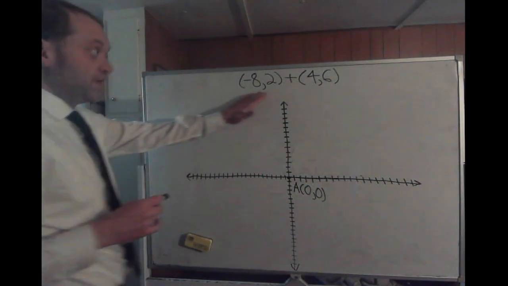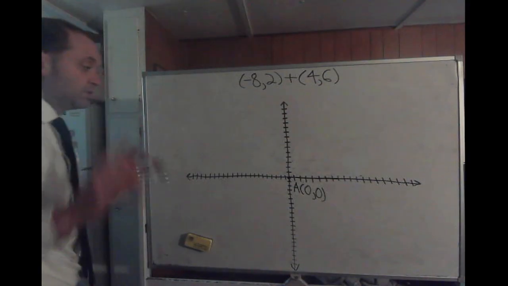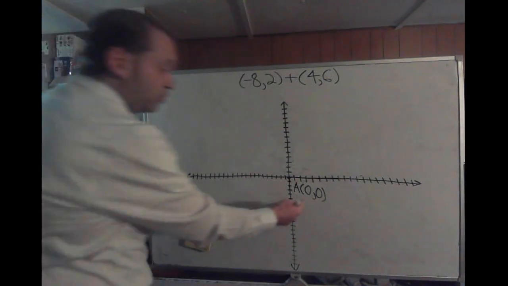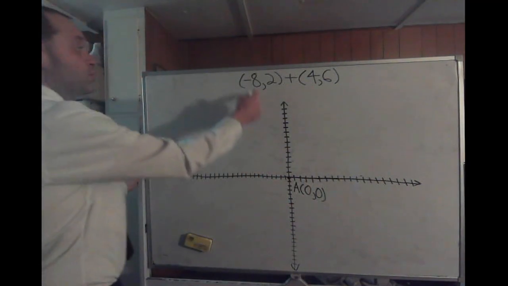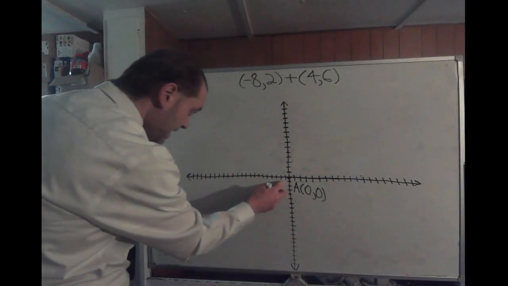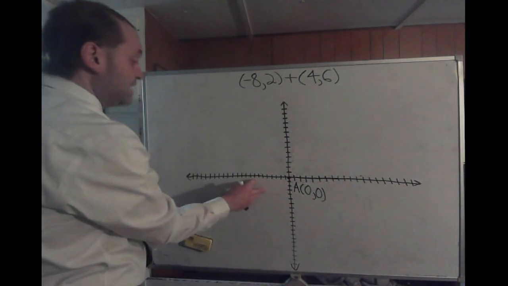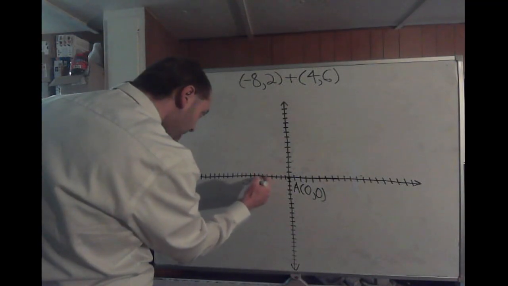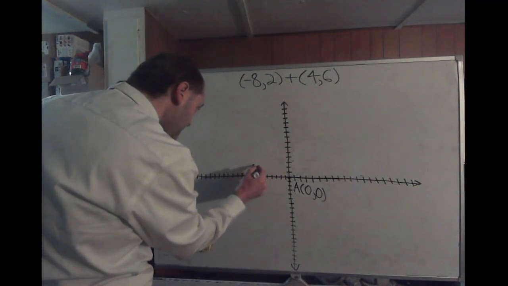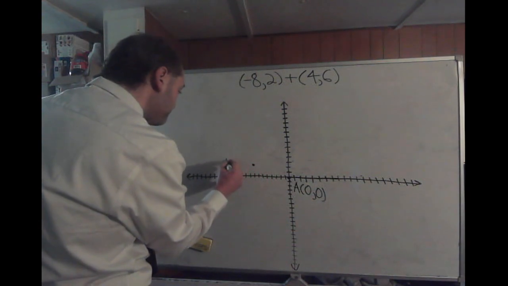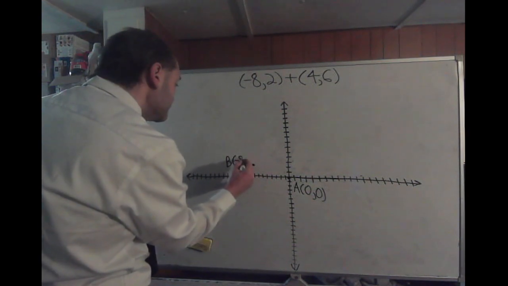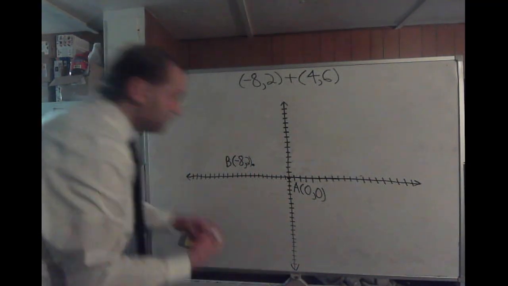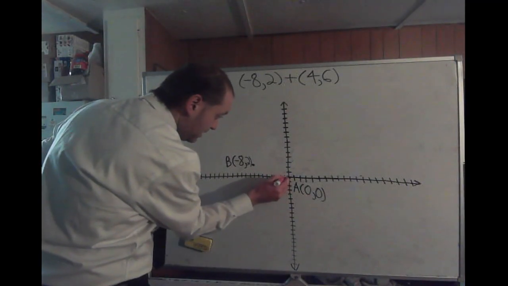So let's add the two vectors, negative 8, 2 plus 4, 6, okay? This vector of negative 8, 2 tells me that from point A to point B, I'm going to go left 8 units, which would put me at negative 8 on the x-axis and then up 2 on the y-axis. So I would in fact be at the coordinate for B of negative 8, 2 if I followed that vector.